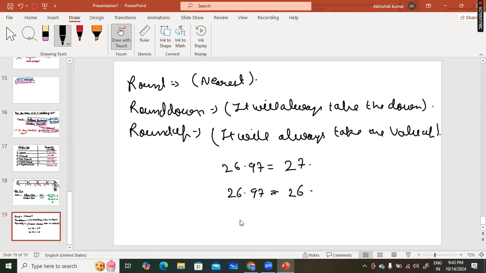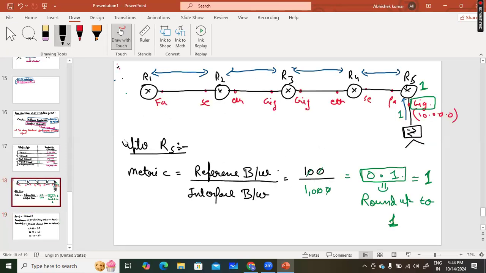And if I say 26.12 and ask for round up, what would be the value? 27. Exactly. That's why I've used the word here as round up. Okay, make sure. Now, let's move on to next.